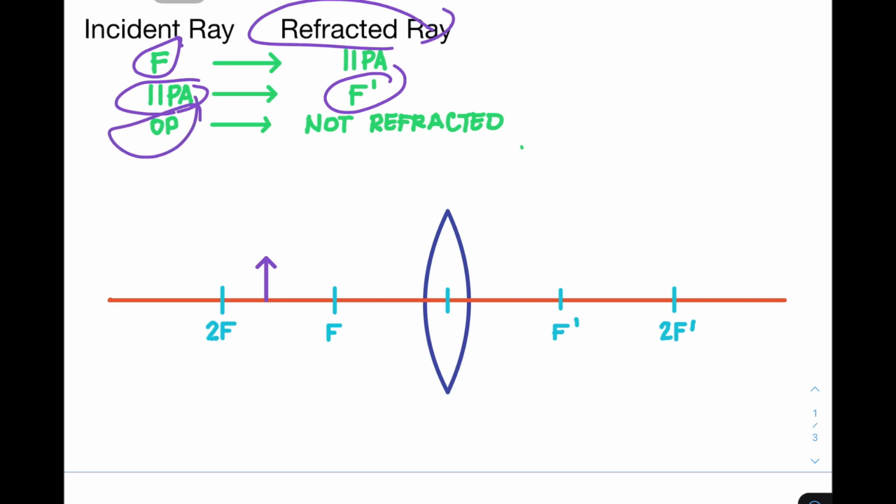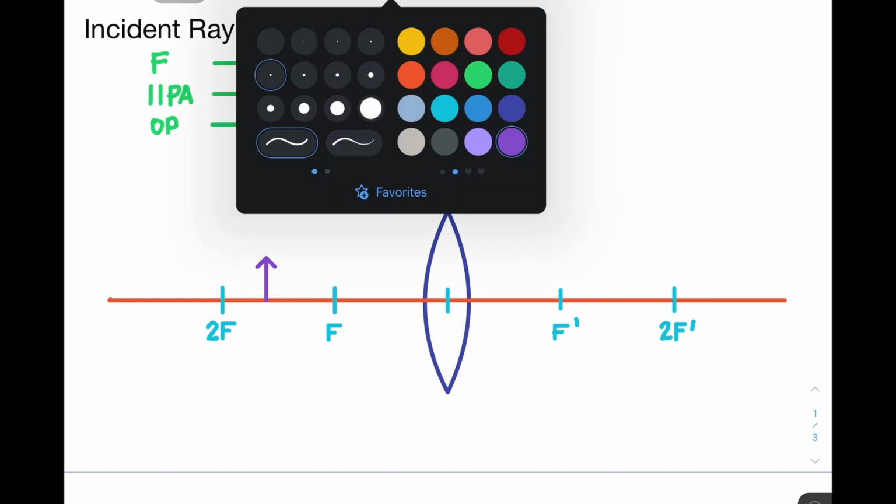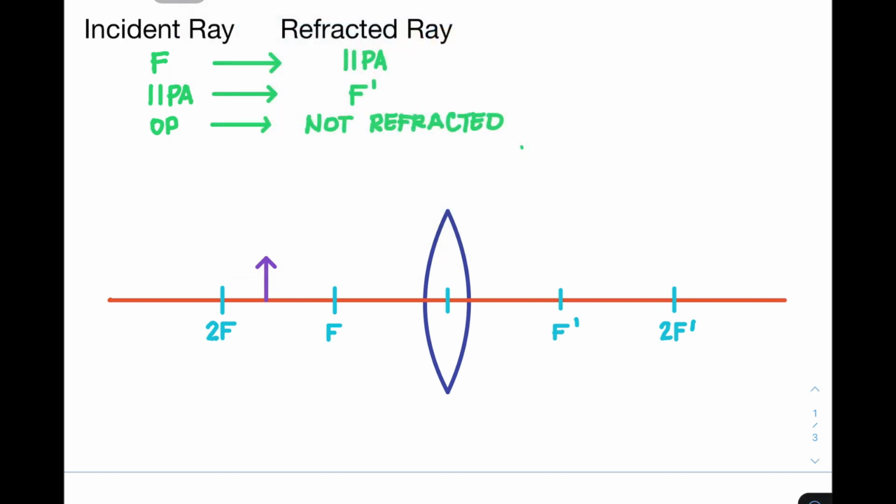And if it passes through the optical center, the light ray will not be refracted. Now with that, let us start the diagram. Let's follow the first one. It passes the focus, just like that. What will happen?